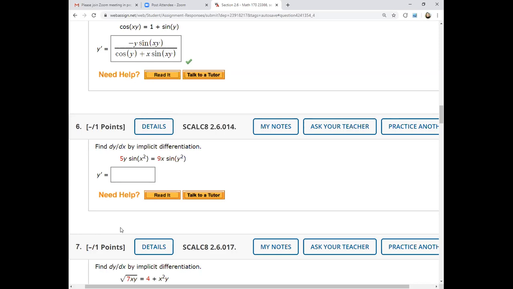The argument of the sine is x squared, so the sine of x squared is a single term. When the x squared is in the argument, it's a single term. Now, when you go to differentiate it, you're going to differentiate it like a product.